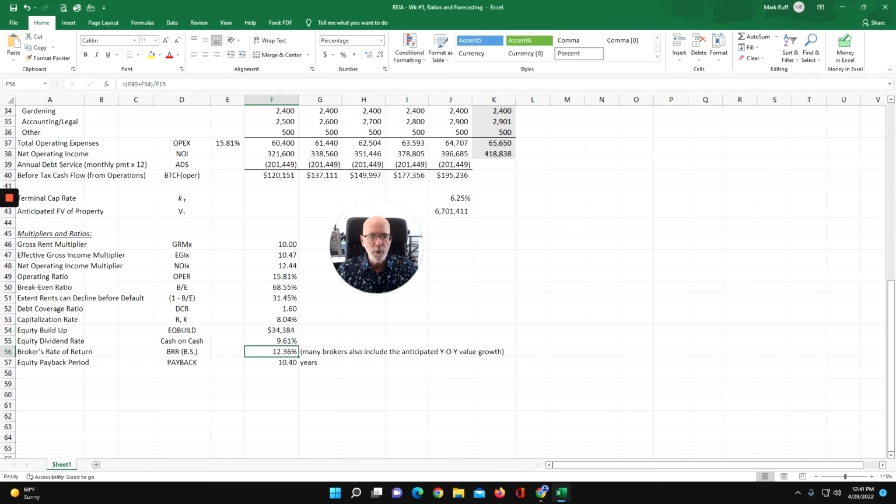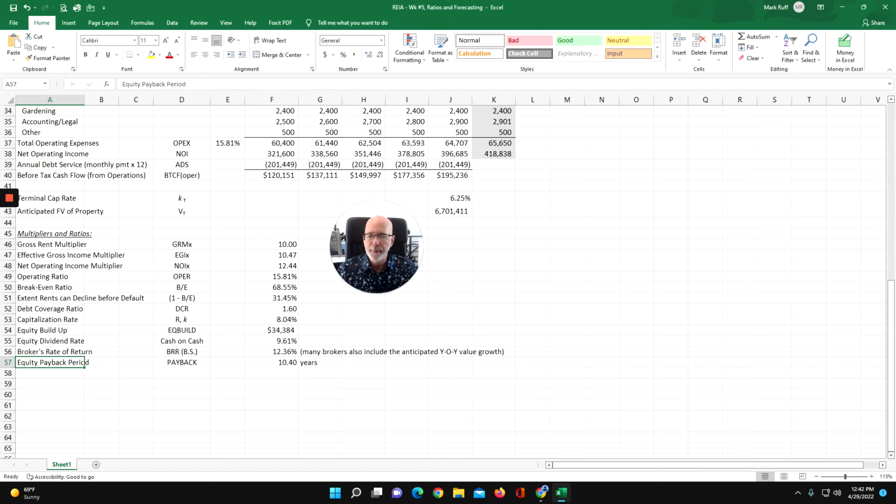Some brokers will even also include the anticipated value growth year over year. The problem with value growth and throwing it into a return is that value growth is unrealized. The value is still in the property. You haven't cashed that out yet. So how can you reflect it as a realized return? That's the underlying problem with the broker's rate of return, also called BS for blow us, smoke us.